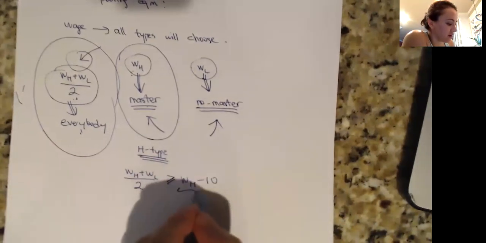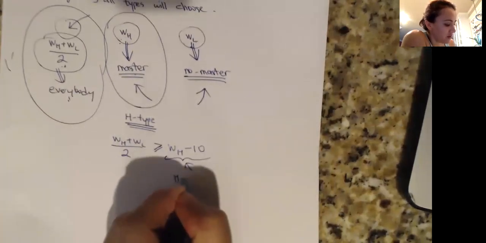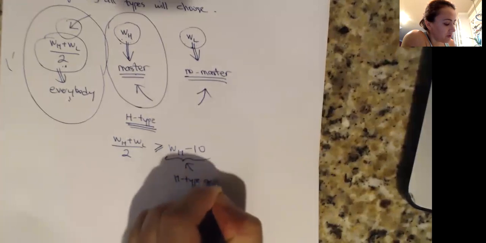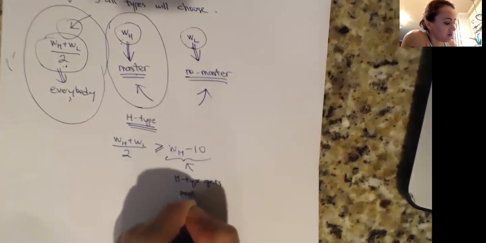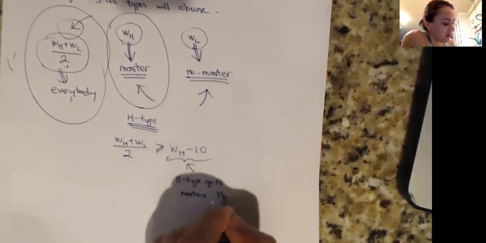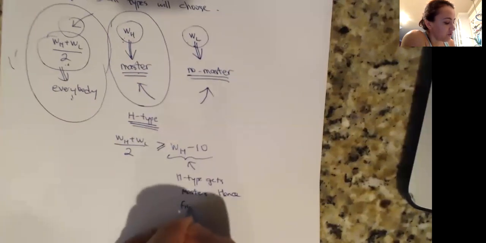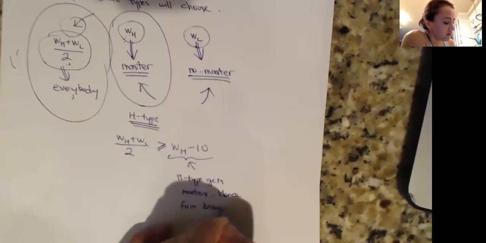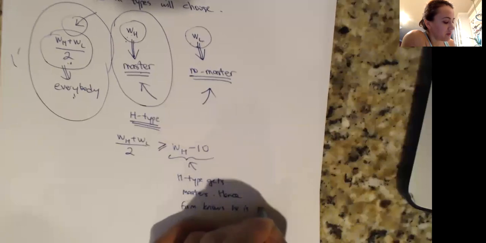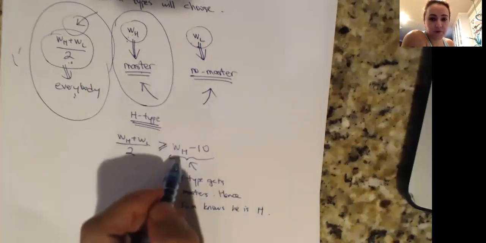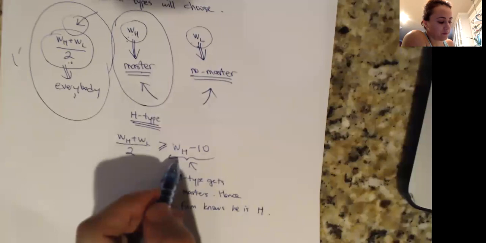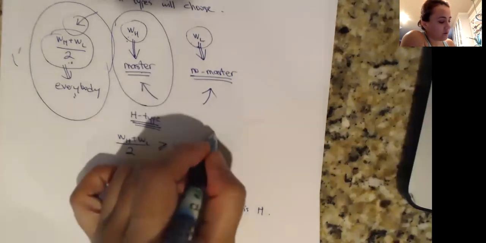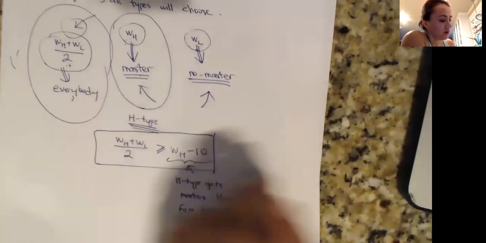So the right-hand side is the payoff when the H type gets a master's degree. Hence, the firm knows that he is H type, so he is offered WH. Does this make sense? Okay. So this is for high type.